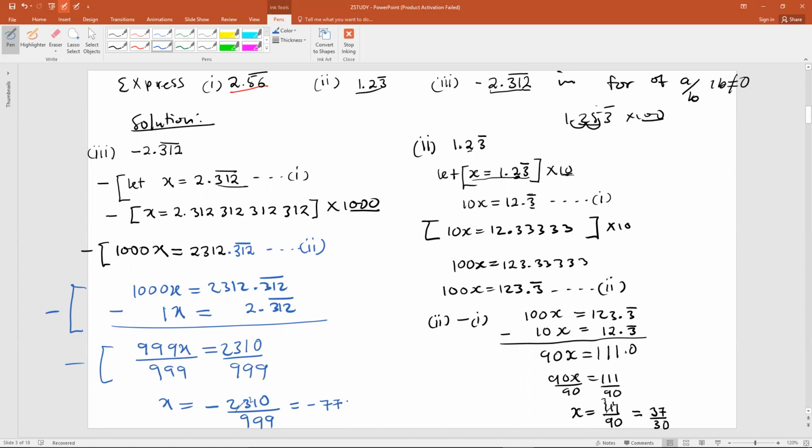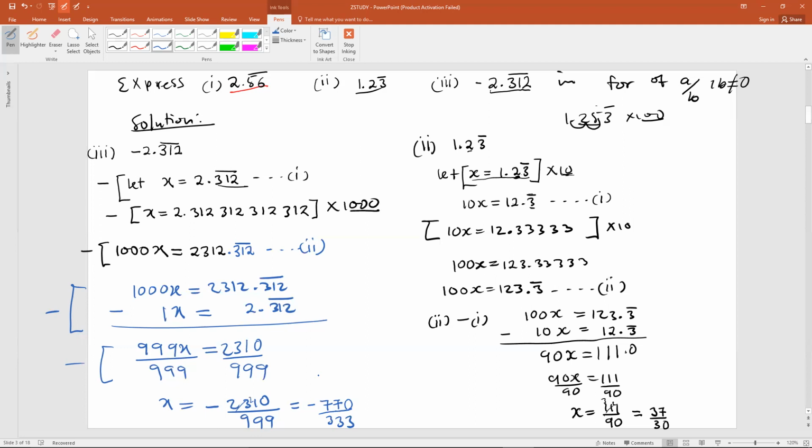Then there is 0. 999 divided by 3 is 333. So it's 770 over 333.